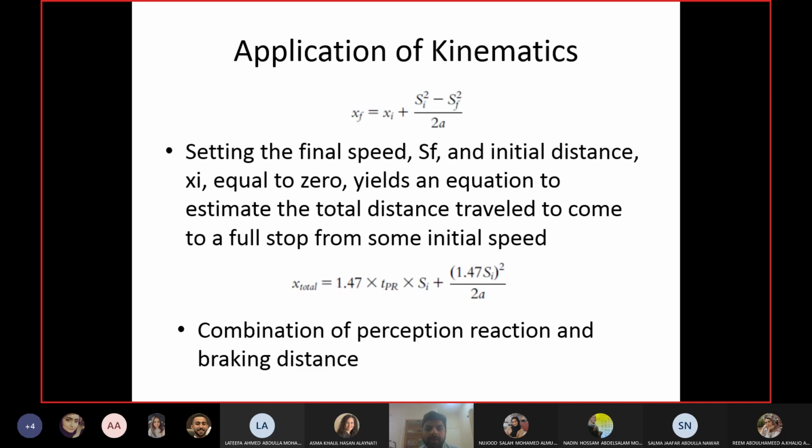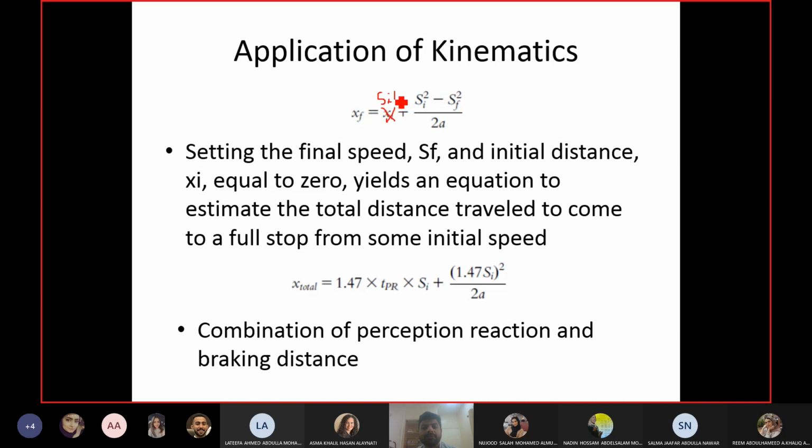Then from here we know the value of A. So here, this should be SI into T. Again, there's a correction here.